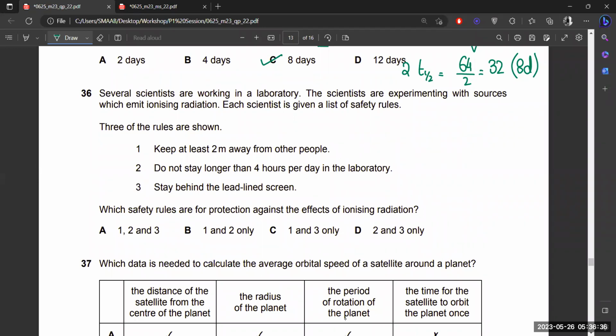Do not stay longer than 4 hours. Yes, you remember the concept of long exposure. Stay behind the lead lined screen, because lead is the best material to stop all types of radiation. So I think 2 and 3 are the best safety precautions. Let's see the question: which safety rules are for the protection against? Yes, so they are talking about the protection. So 2 and 3 is the right choice. D.